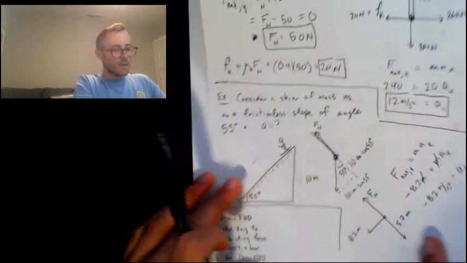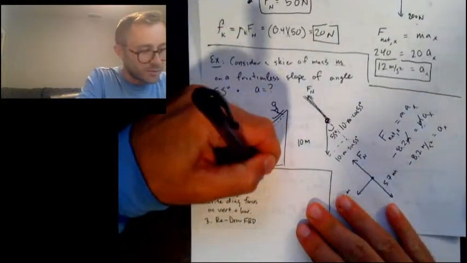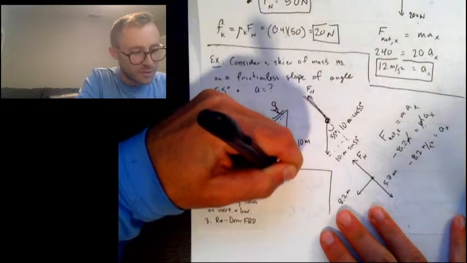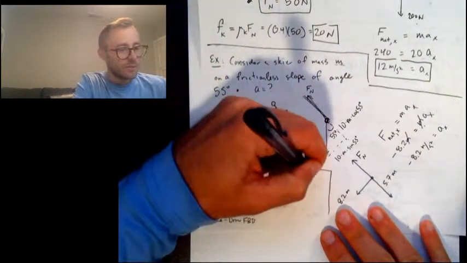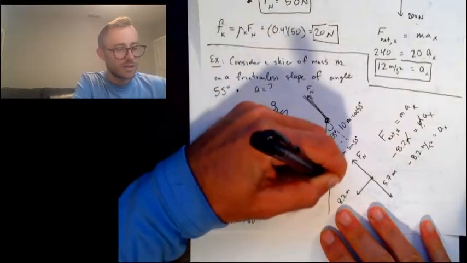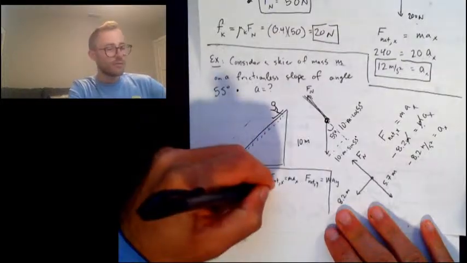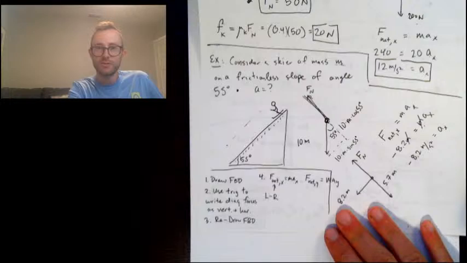Okay? Then what you do is you go to Newton's second law. So you have net force in the x direction is m times a sub x. Net force in the y direction is m times a sub y. Okay? The net force in the x direction is left forces minus right forces.